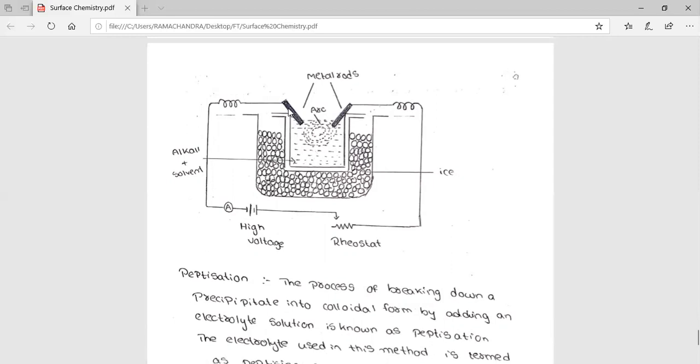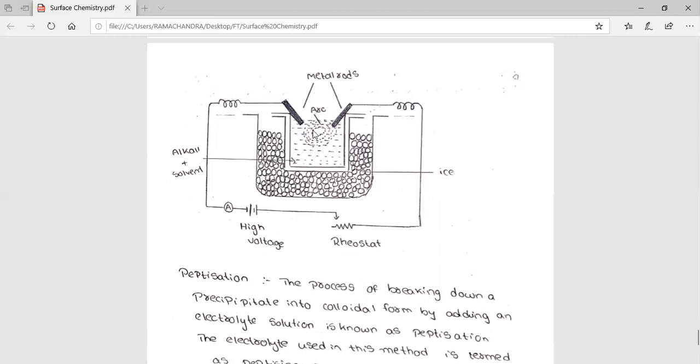This electrode will act as an anode and the other metal electrode will act as a cathode. These two electrodes are connected to the high voltage, so they form a spark.